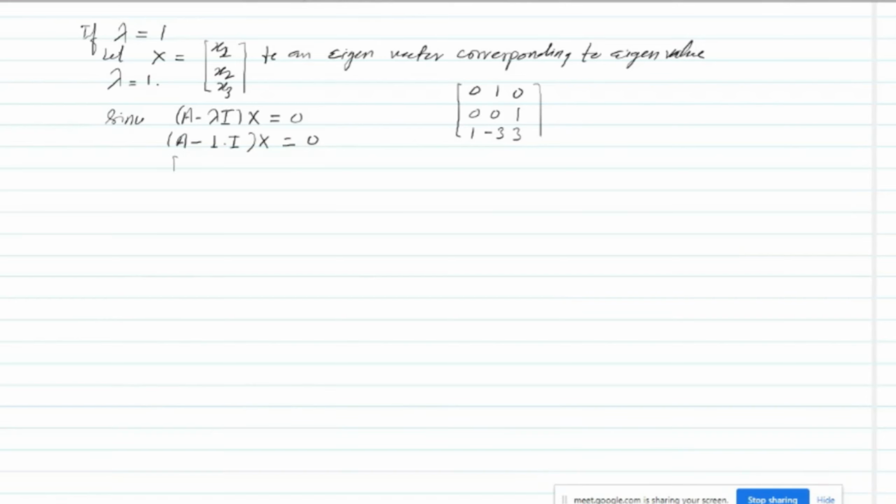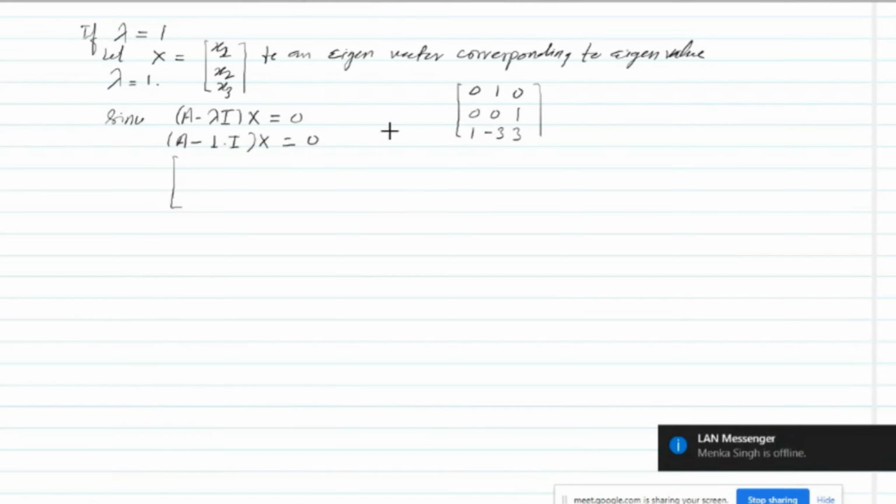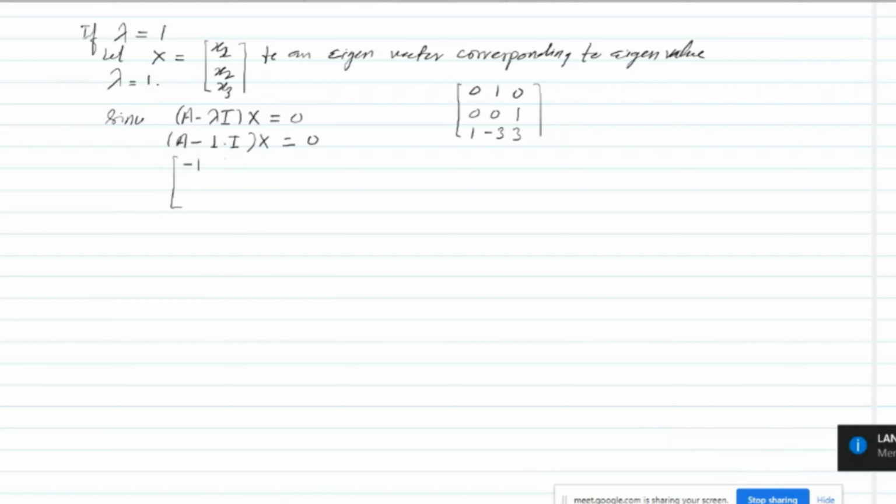So you will get the matrix minus 1, 1, 0; 0, minus 1, 1; and here 1, minus 3, and 3 minus 1 is how much? 2.